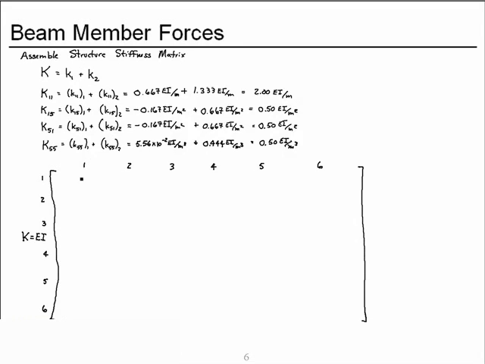For coefficient 1,1, we've already calculated that, 2.00. I'll pull the EI out since it's common to all of the coefficients. 1,5 we've calculated. 5,1 we've calculated. And 5,5.